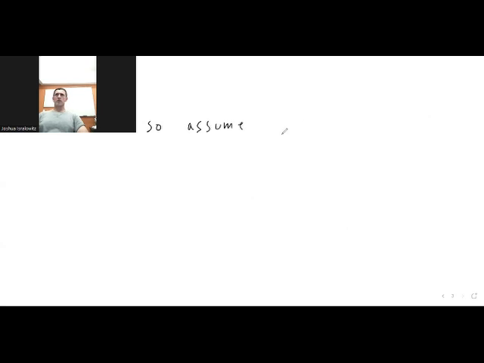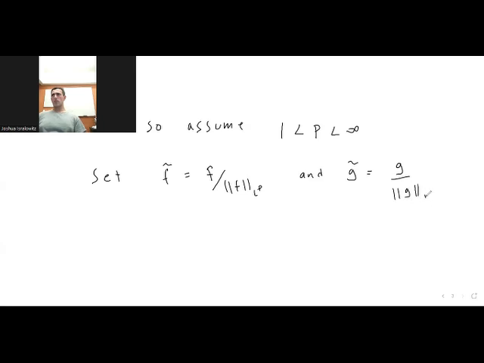So now let's get to the interesting situation where p is between 1 and infinity. Let me set f tilde to be f over the L^p norm of f, and g tilde to be g over the L^q norm of g.